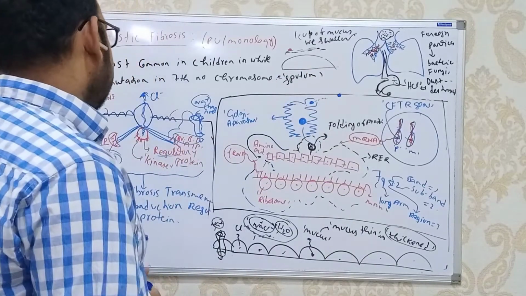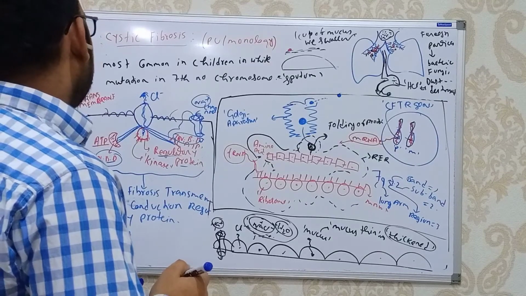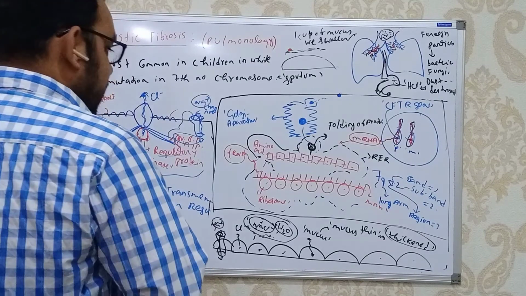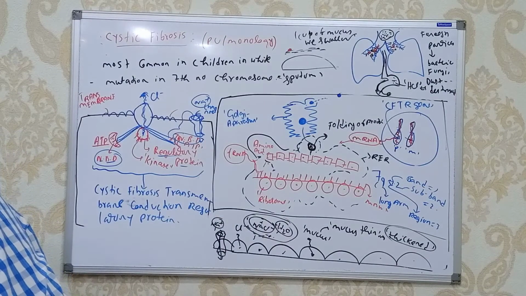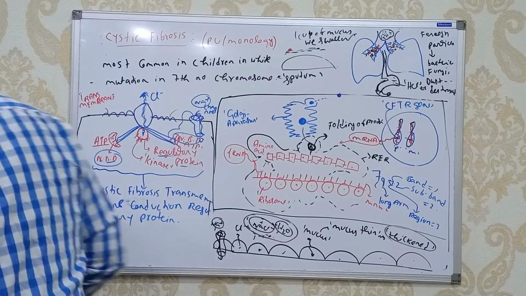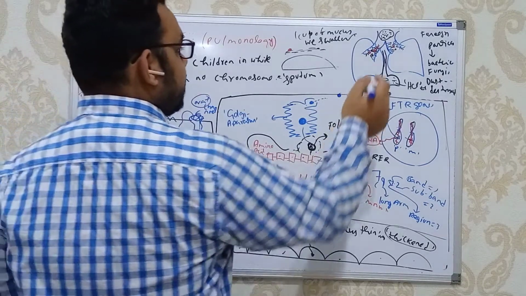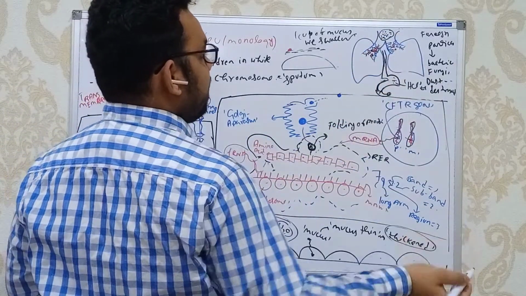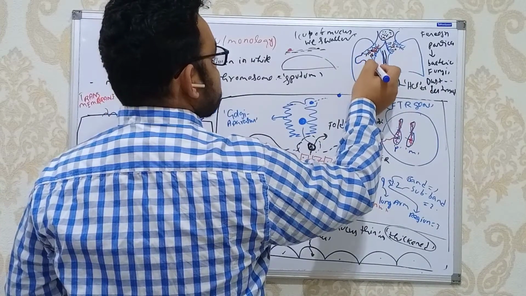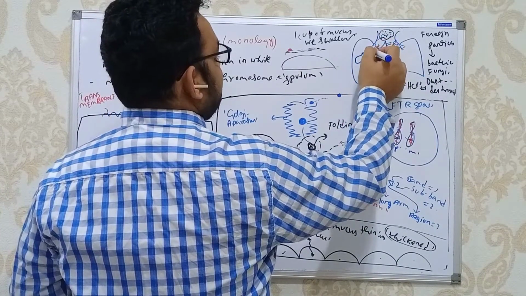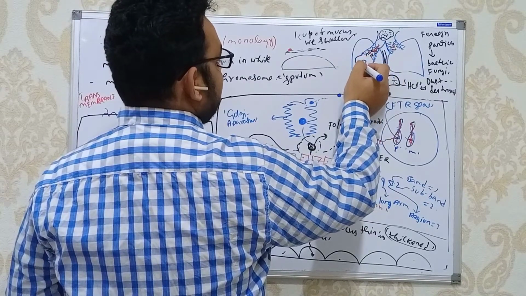These are the normal functions and mechanisms of how the cystic fibrosis protein works here. Now we'll talk about the pathological things. So, I am repeating once: if foreign particles come into the alveolar region, there is no ciliary activity and no ciliated epithelial cells there.